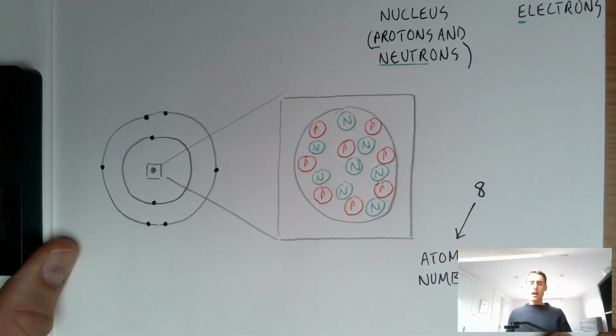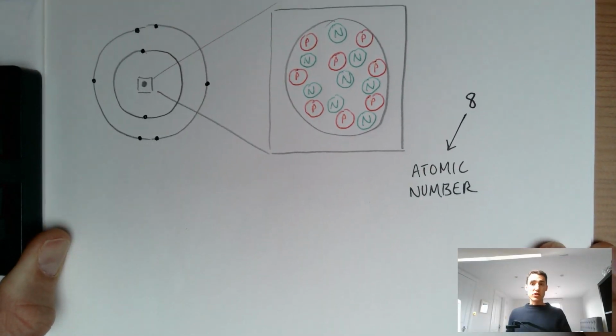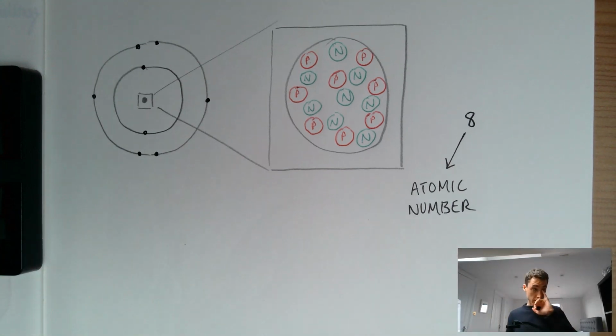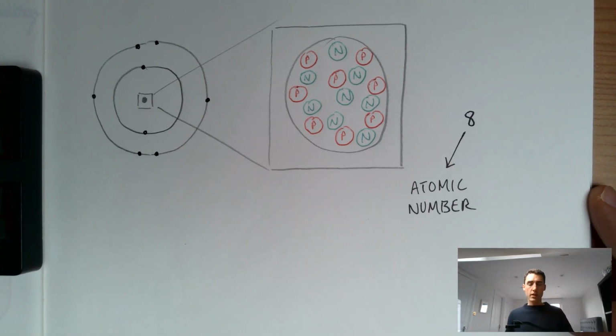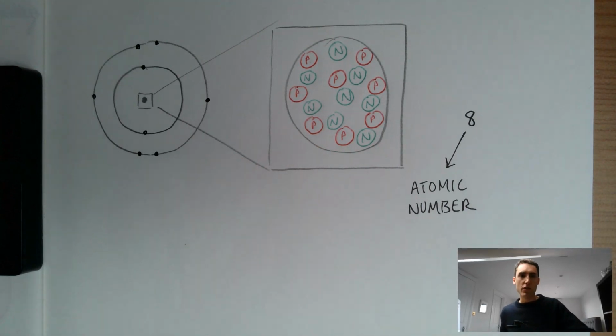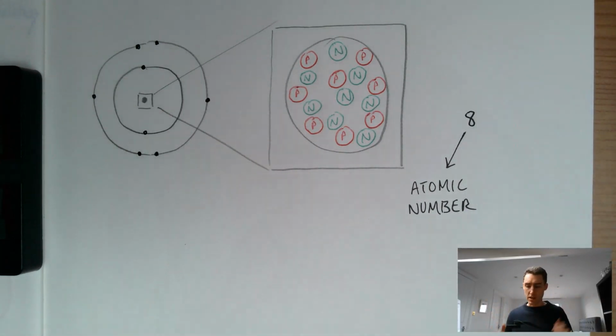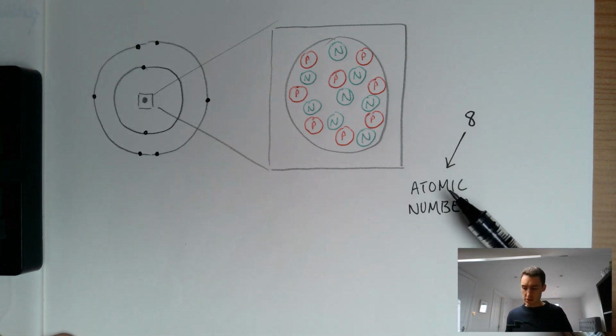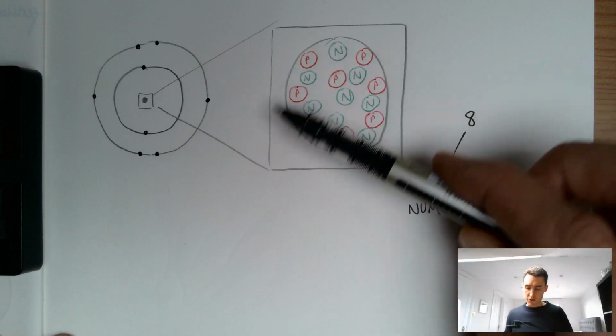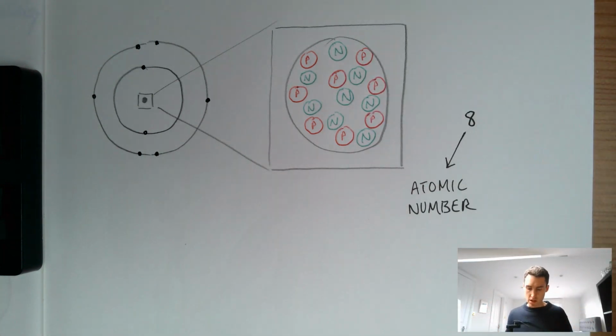And you may wish to make a note here, or you can just tell students and then check on the whiteboards. I mean, giving you a definition of this is not that helpful. What matters is that they can use the idea of atomic number to work out how many protons and electrons there are. But you can tell them and write it down if you wish that atomic number tells us how many protons and electrons there are in the atom.